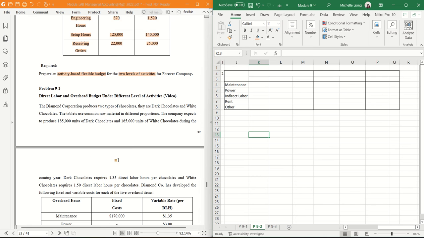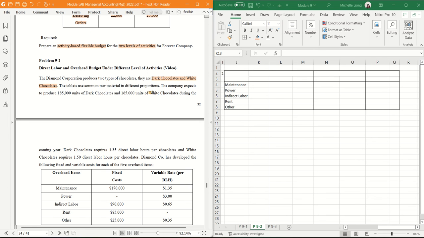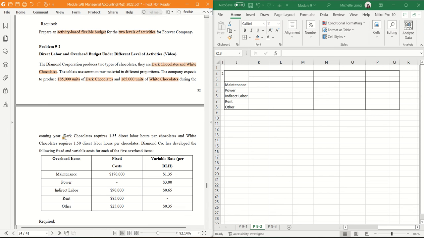Problem number two, right here, they say that the Diamond Corporation produces two types of chocolate, which are dark chocolate and white chocolate. The tablets use a common raw material in different proportions. The company expects to produce 185,000 units of dark chocolates and 165,000 units of white chocolates during the coming year. Dark chocolate requires 1.35 direct labor hours per chocolate.